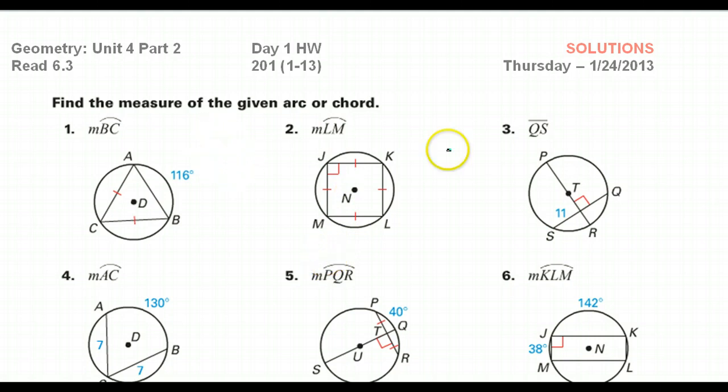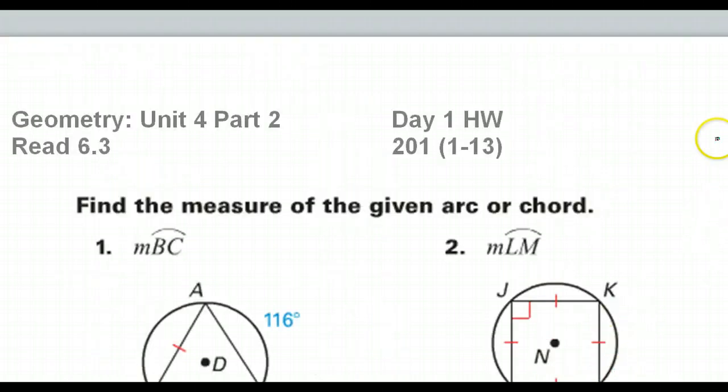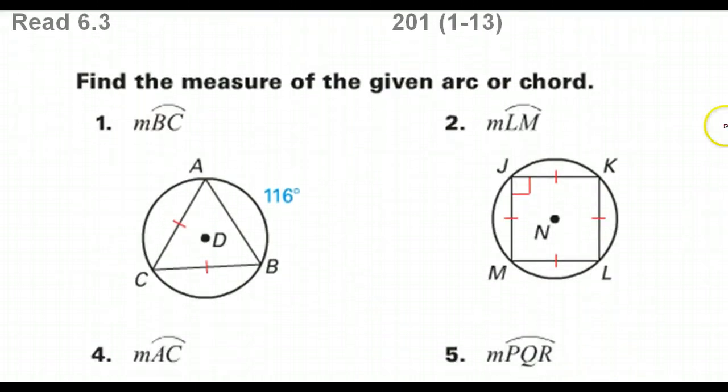And most of what we're going to look at today is just sort of common sense. I think it's pretty easy. So here we go. Look at number 1, for example. We're supposed to find the measure of arc BC.